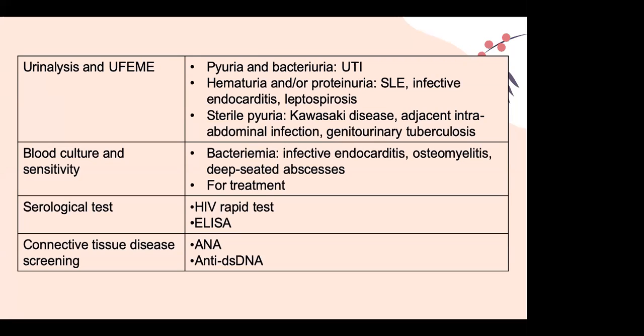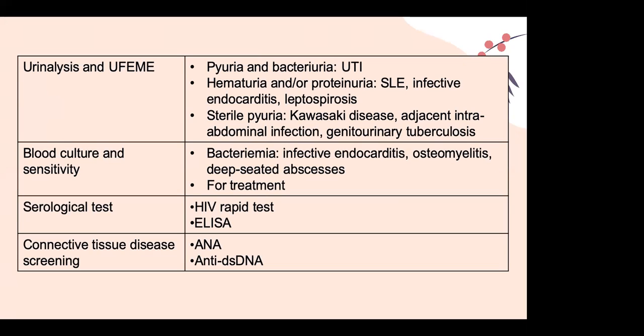If we suspect UTI, there might be pyuria and bacteria and also nitrite. Next we go to blood culture and sensitivity, if we suspect bacteremia, and blood culture sensitivity is also for the choice of antibiotic treatment.